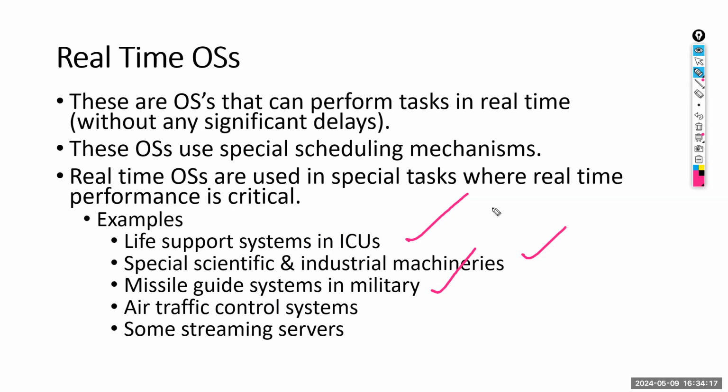Sometimes when a missile is fired at you, you fire another missile targeting that missile. So those systems need to take very quick decisions. Then air traffic control systems and some streaming servers like YouTube servers also use some sort of real-time operating system.